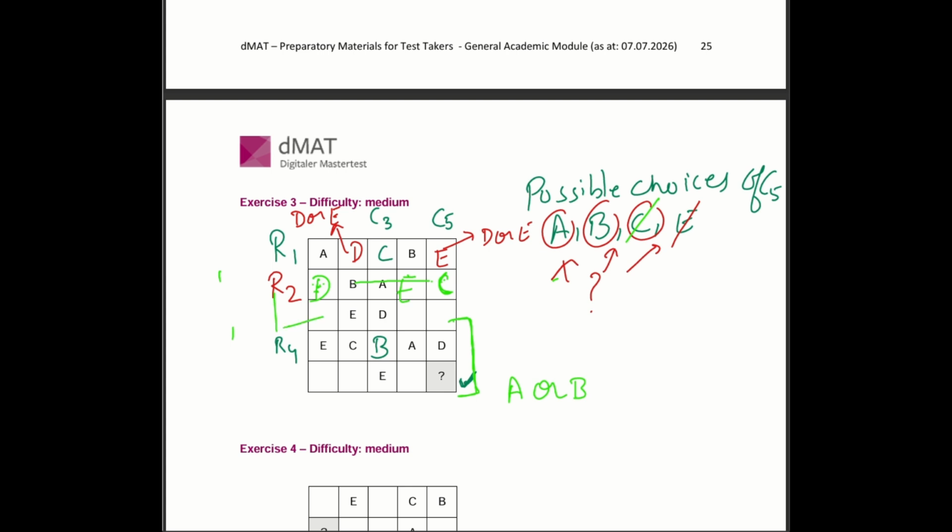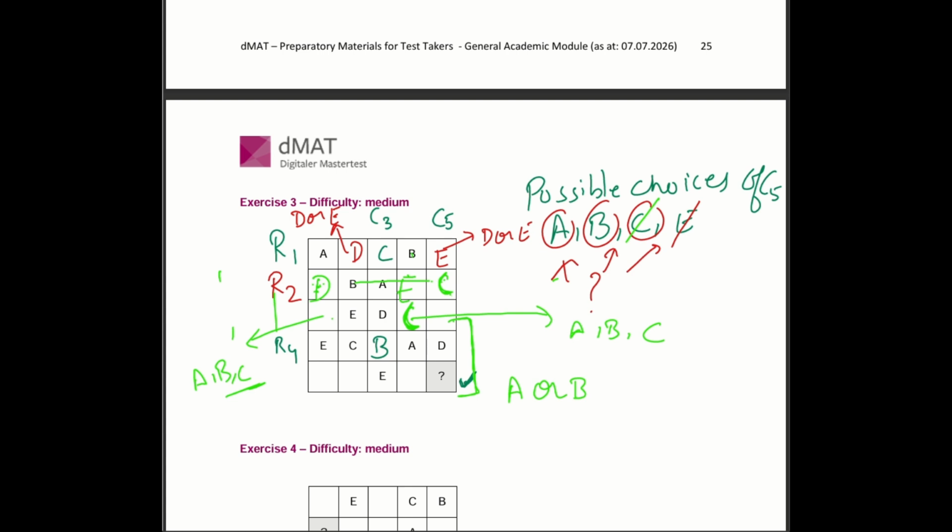You have to take two options here, A or B. Move here. The options are A, B, C for all these two boxes. We can't take A here. The other options left are B and C. We can't take A and B here, so the option would be C.